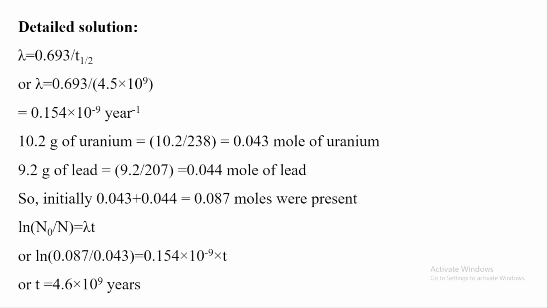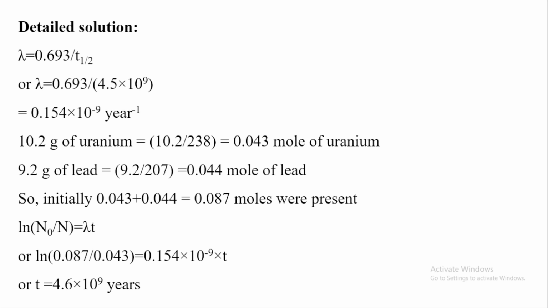They have given it in grams, so we have to calculate the number of moles, because whenever you are writing any reaction or any equation, you always consider the moles. Here also, 1 mole of uranium decays into 1 mole of lead. So we will calculate the number of moles from the amount given.